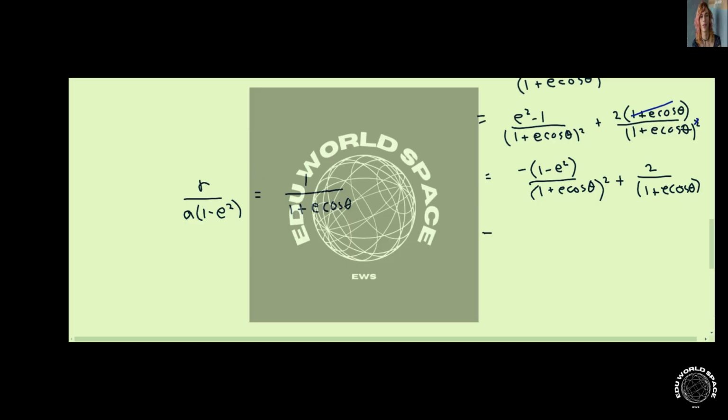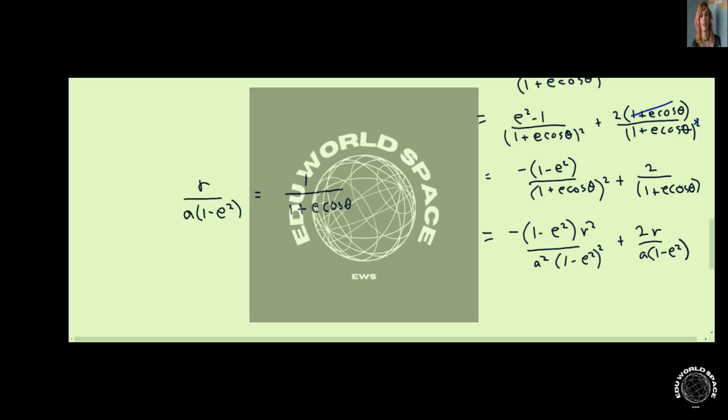Okay, so I can further reduce this term to R squared over A squared times 1 minus E squared, squared, plus 2 R over A times 1 minus E squared.